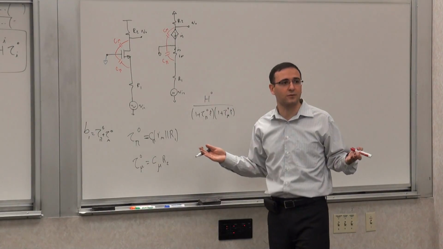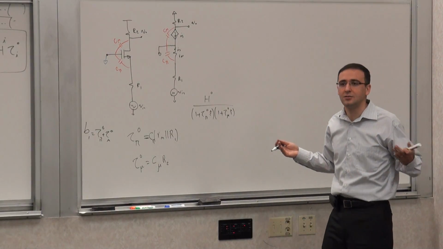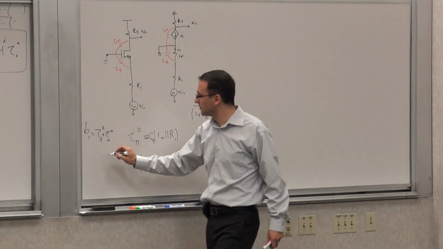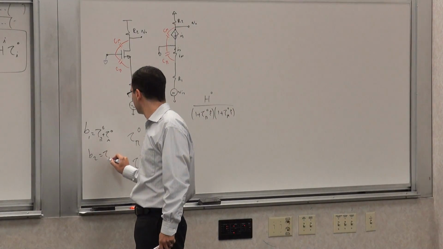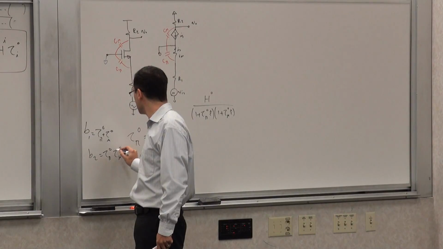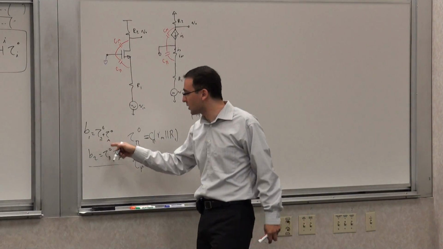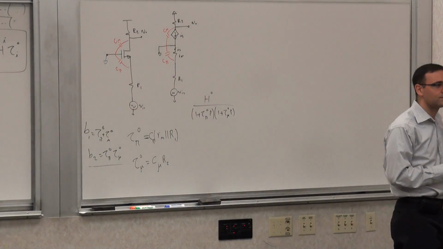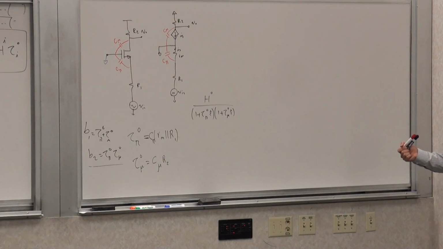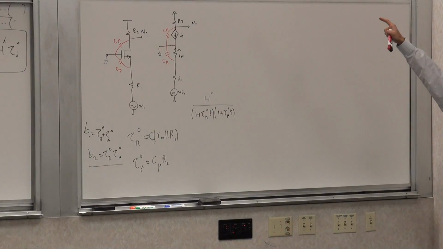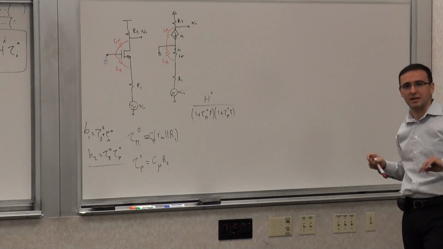Once you have it in factored form, you know everything. The B2 is basically the product, obviously. But that's only true for the zero value time constants if they're uncoupled. So this is an example of an uncoupled pair of poles. But you saw an example of a case where they were not. And most of the time they are not uncoupled. There are some cases where you can actually isolate some elements and make your life easier.